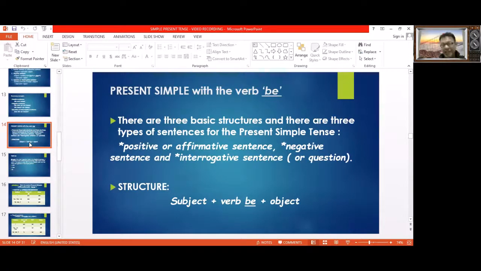They're the same, okay? So I won't waste time. Here we are.